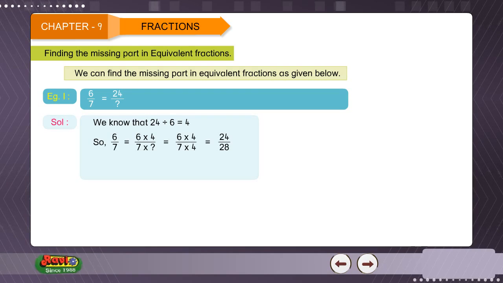So, 6 by 7 is equal to 6 into 4 by 7 into 4, which is equal to 24 by 28. So, the missing number is 28.